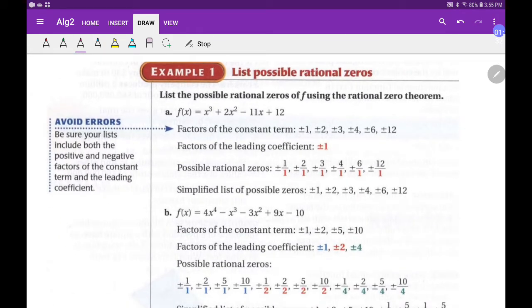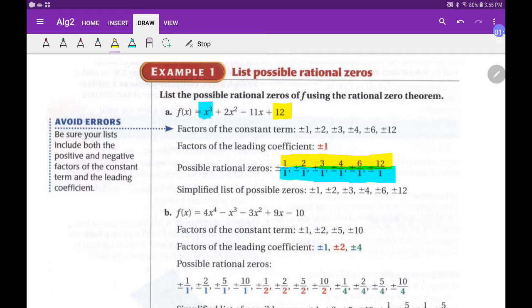List the possible rational zeros. Okay, so we're interested in that last term, right? And it's kind of hard to see where they did it, but all these numbers on the top are factors of 12. So we put all the factors on the top, and on the bottom, it sure is convenient if there's a 1 out in front, because then 1 goes on the bottom. Then I don't really have fractions, right?